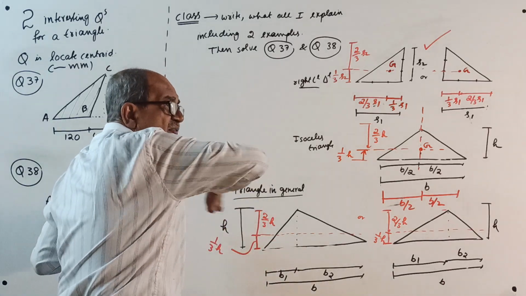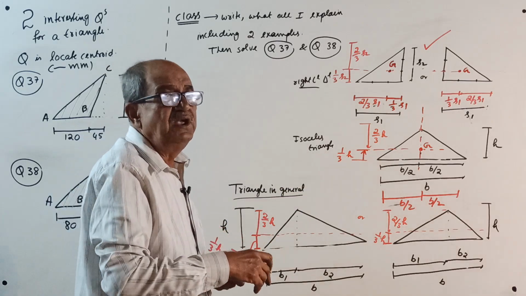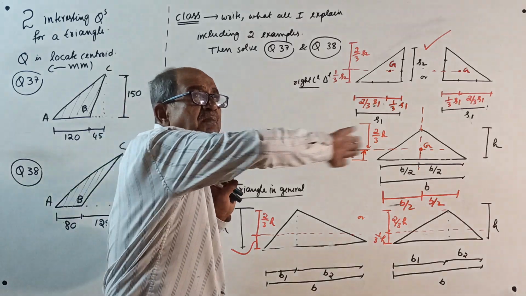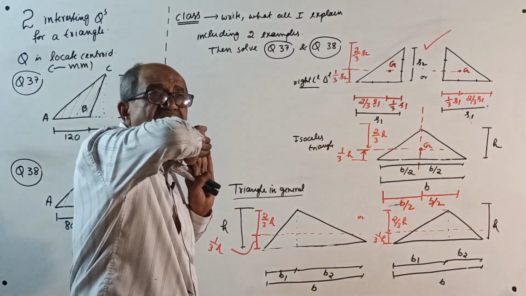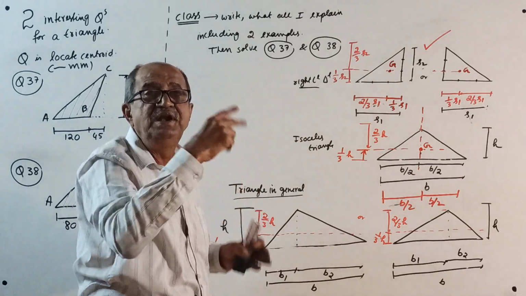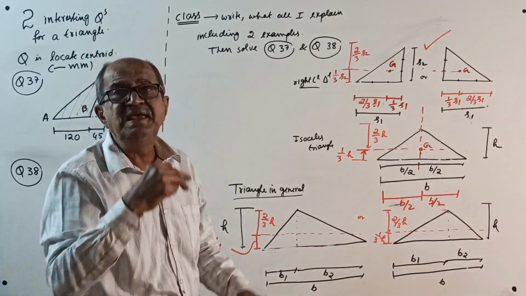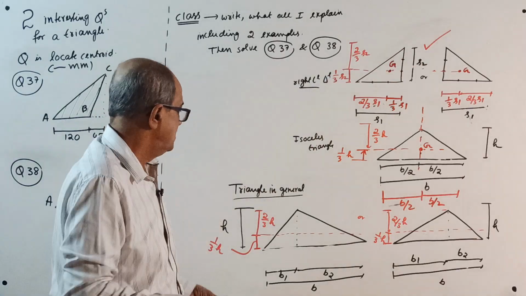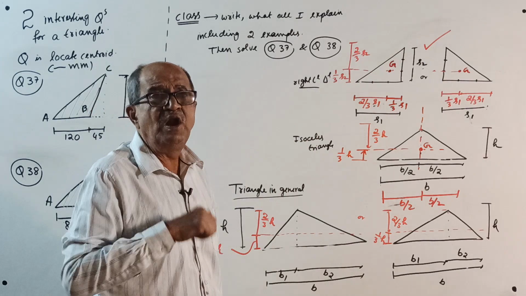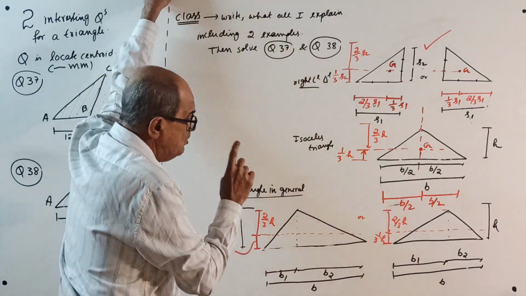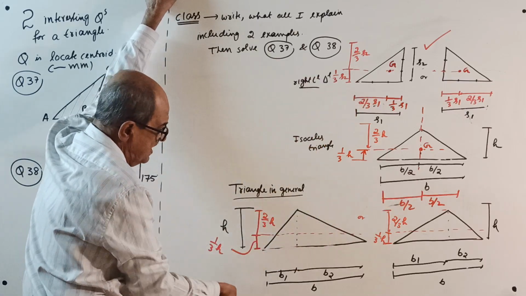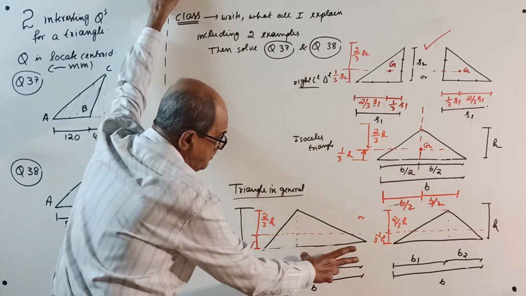The centroidal distance along the base will be given by the full base plus the cut base on this side, divided by 3. This 3 is not 1/3, 2/3; it is 3. And where will the centroid lie? The centroid will lie on that side where the area is more. Here this is B1, this is B2.